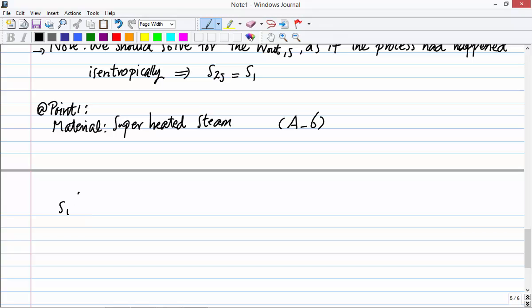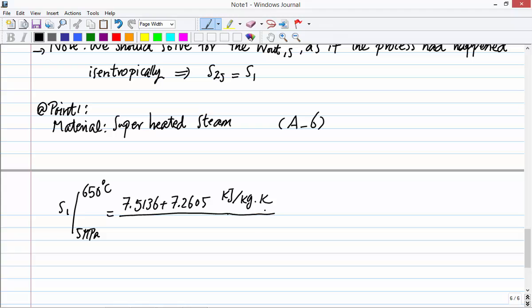So S1 at 5 megapascal and 650 degrees C would be the average of these two values, 7.5136 plus 7.2605, both in kilojoule per kilogram Kelvin. You can find the unit above the table. It equals 7.3870 kilojoule per kilogram Kelvin.